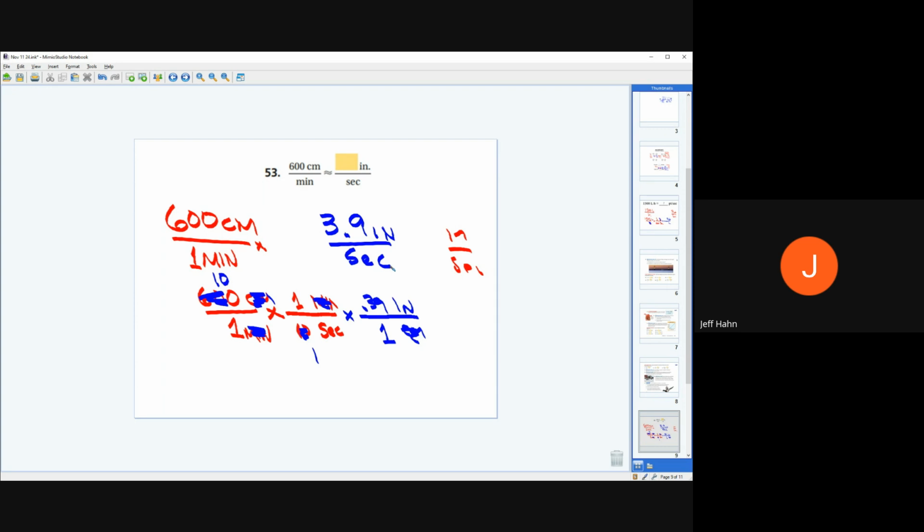How fast would you be moving if you were moving 3.9 inches per second? You'd be going this far every second. 1,001, 1,002, 1,003, 1,004.